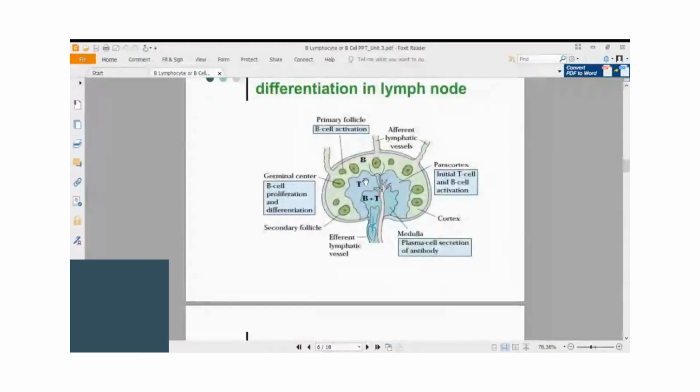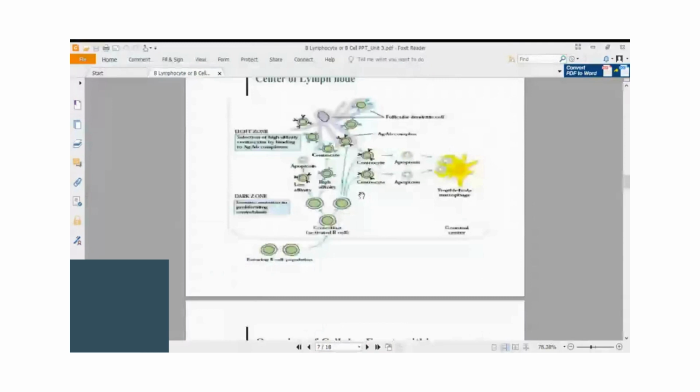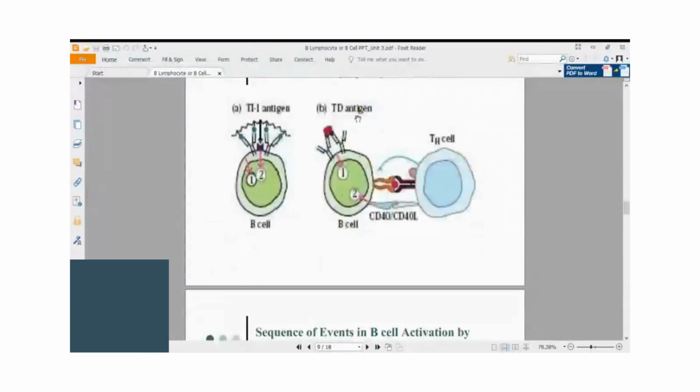Once the B lymphocyte has committed to the non-self antigen, it has to now come in contact with the T lymphocyte. If it comes in contact with the T lymphocyte, you have a long-term, lifelong immunity. That is T dependent, TD for T dependent antigen.